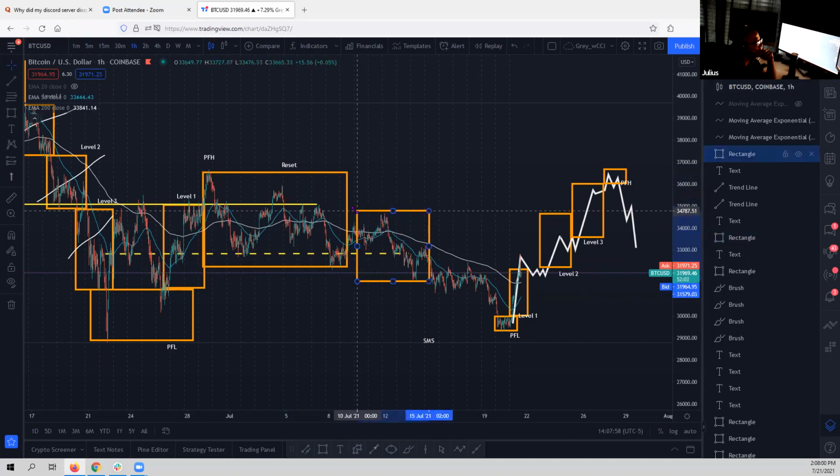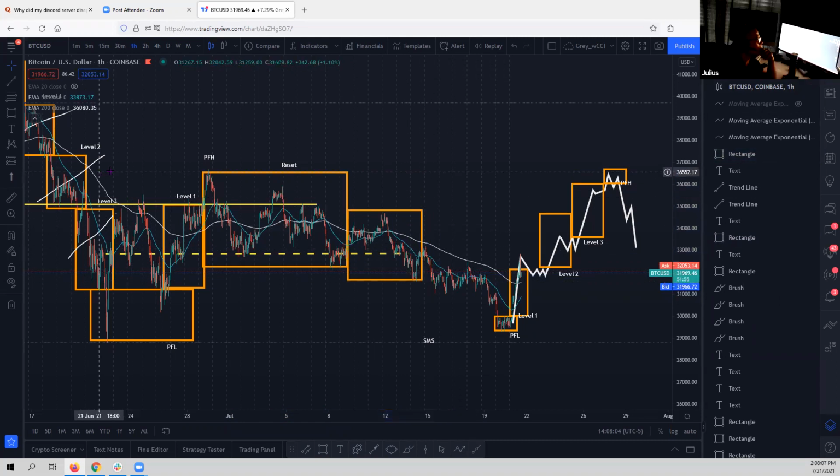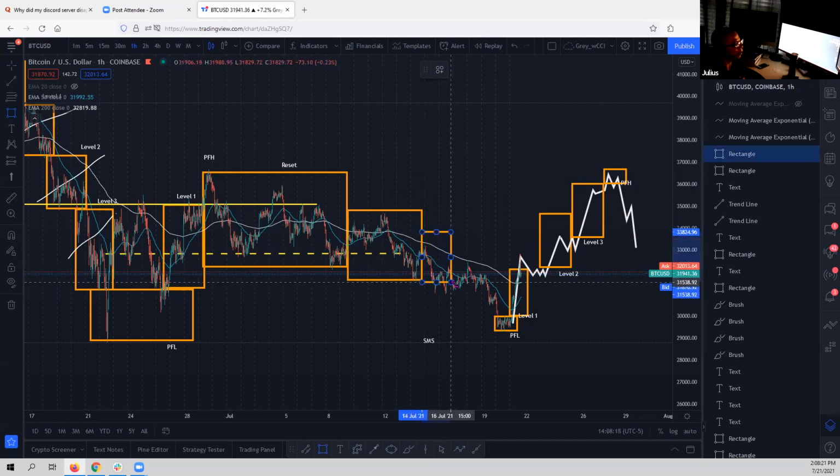This way you could be really clean with identifying your level 2. Really what we're doing is trying to identify how many more pushes we have. Once you get to level 2, you could expect it to push down for a level 3. This is actually your level 2. It's very shallow, the widening of the mouth, but that's it.